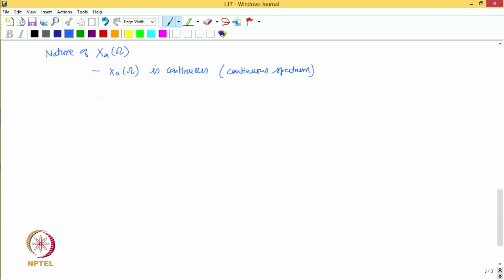Another observation is that if you look at x a omega plus 2 pi r, where r is an integer, right. So, if you increase the frequency by an amount 2 pi r, with r as an integer, then this is nothing but x a omega itself, right, because the unit of uppercase omega is radian, and if you increase this by 2 pi radian, there should not be any change in the value of x a, right, and therefore, we see that x a is periodic.